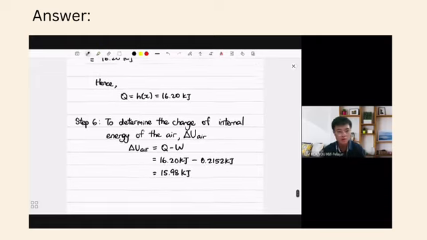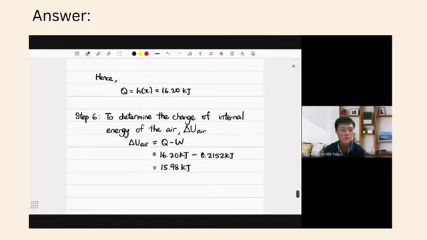And this is our last step, step 6, which is to determine the change of internal energy of the air, delta U in air. We just use back the first step of the formula, where the change in internal energy of the air equals Q, the heat transfer, minus the work done.